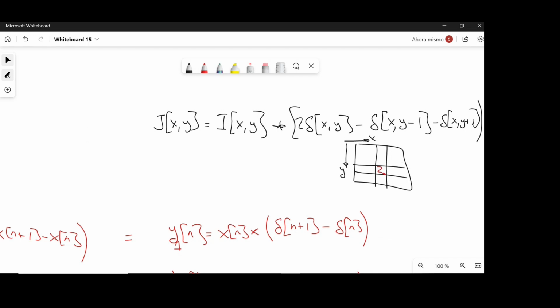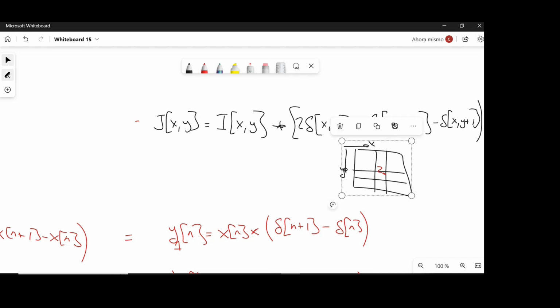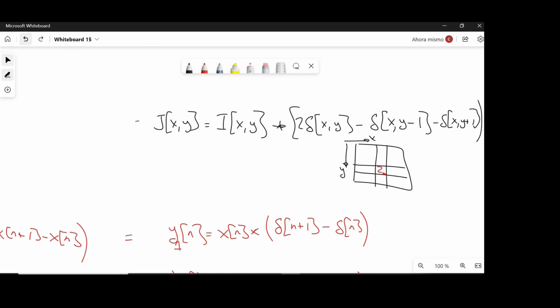Now I would have -1 here as well. Okay, so this is what we are representing there, and all the others are zero. You don't have to represent them.